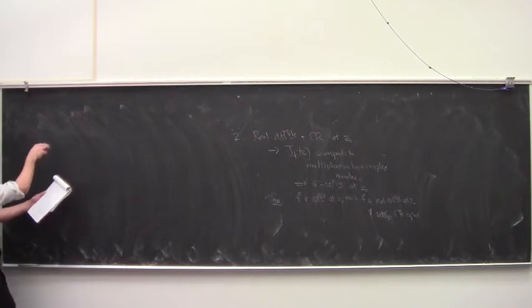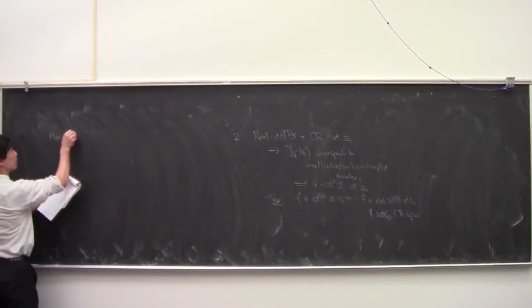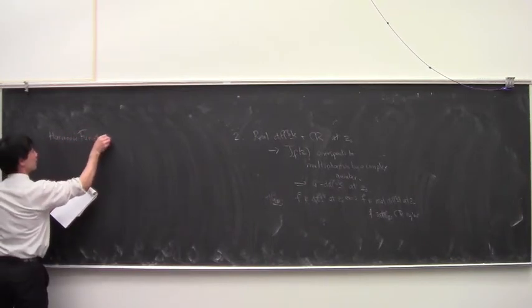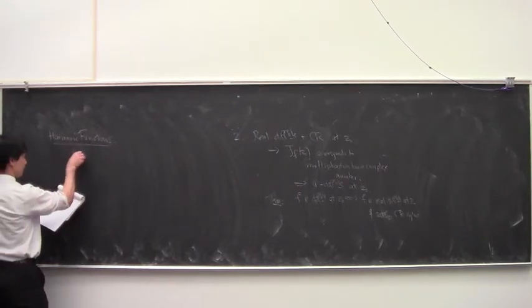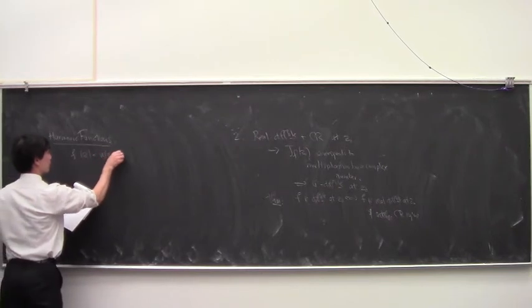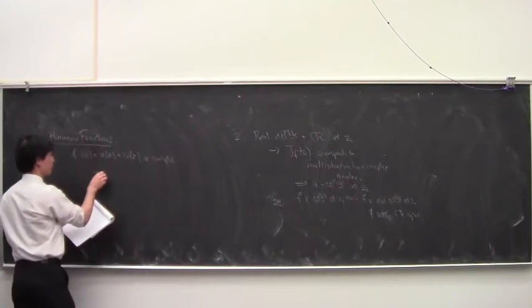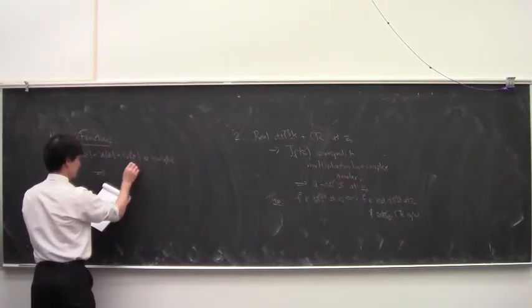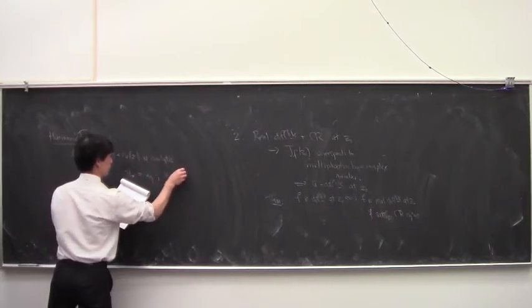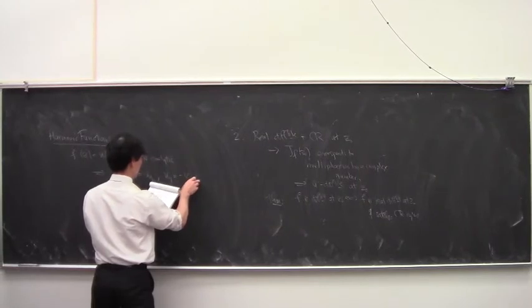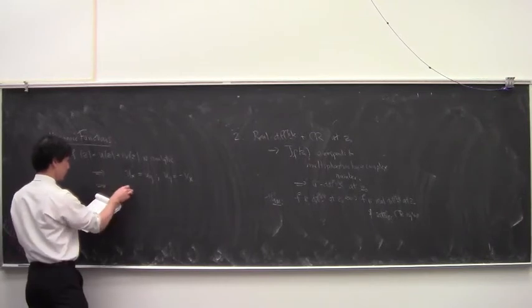So before we go, let me introduce one last thing for harmonic functions. We'll talk more about these next time. If f is analytic, then what we just said is that u sub x equals v sub y, and v sub x equals negative u sub y. And what does that give you?